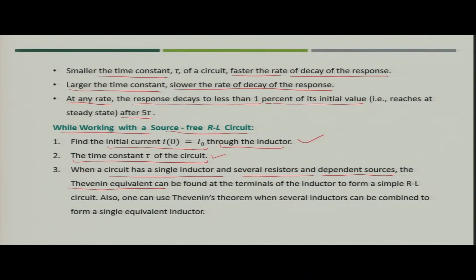So, we will use Thevenin equivalent at the terminals of the inductor to form a simple RL circuit, or we can use Thevenin's theorem when several inductors can be combined to form a single equivalent inductor. So, in summary, if we have a circuit with multiple inductors and resistors, we can utilize Thevenin's theorem to simplify the circuit and find out the response of the circuit.